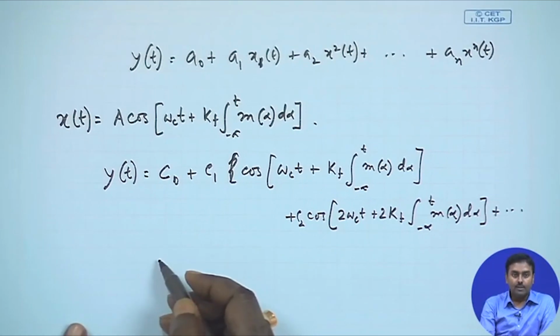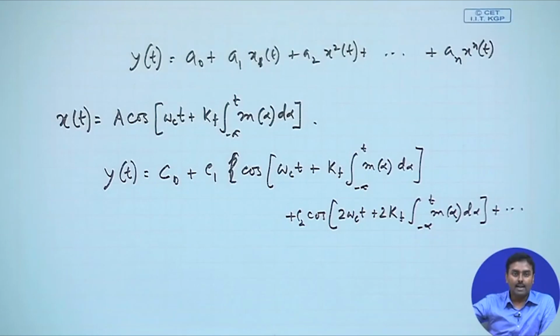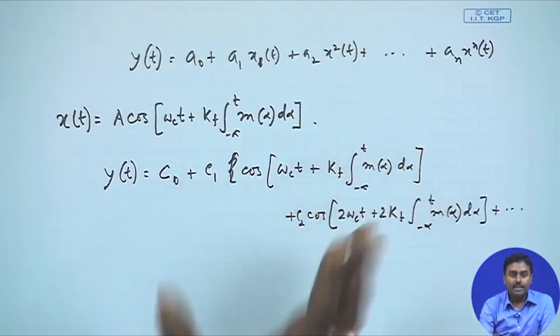But what has happened now, this FM modulated signal, after it passes through this particular channel, will get all these extra higher terms. My receiver, at the front end, as we have already talked about, wants to neglect the effect of noise.